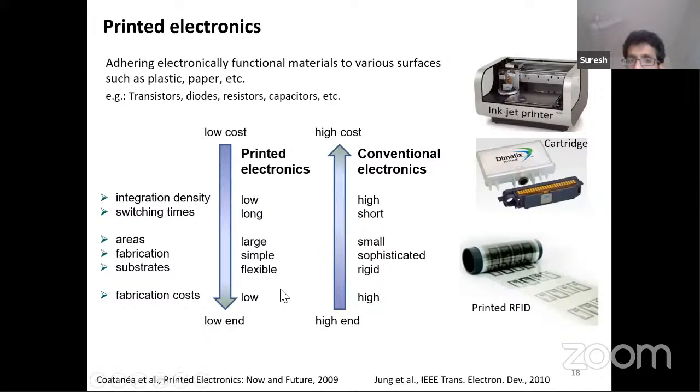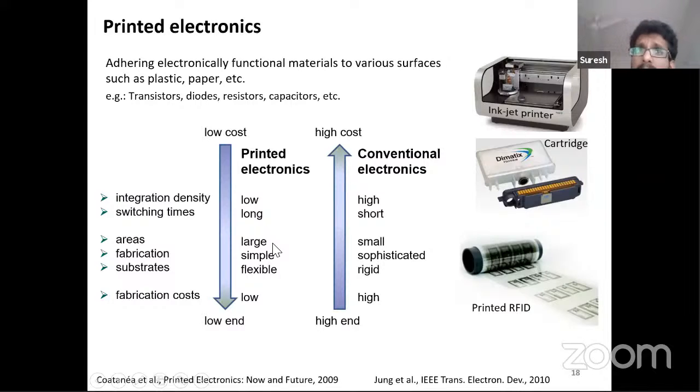These are the advantages. In the case of printed electronics, there are disadvantages: the integration density is low, because the printing concept itself is not high resolution, it is low resolution. So the density is very, very low, and they have long switching times. These are the disadvantages. But the advantage is large areas.